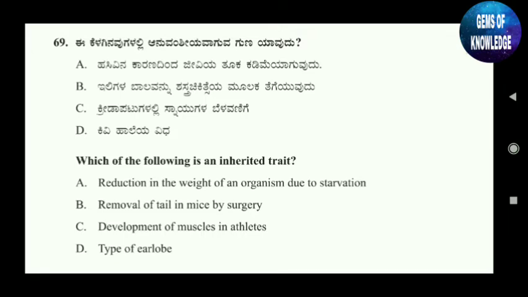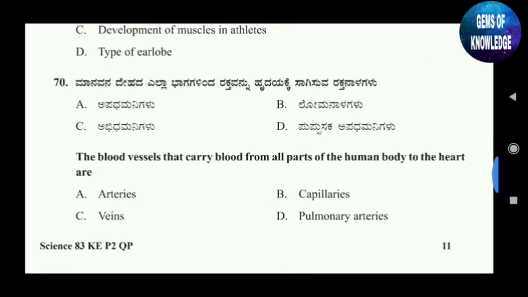Moving to the next question, 70. The blood vessels that carry blood from all parts of the human body to the heart are... The blood vessels that carry blood to the heart are veins. Arteries carry blood away from the heart, not to the heart; they carry it from the heart to other parts.